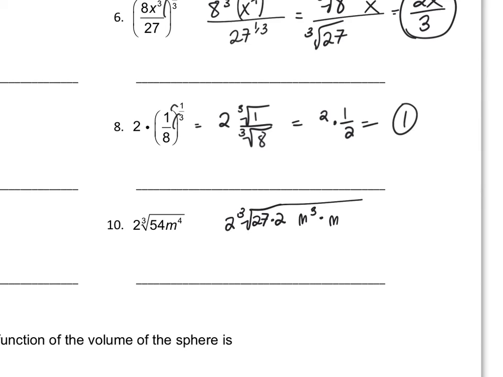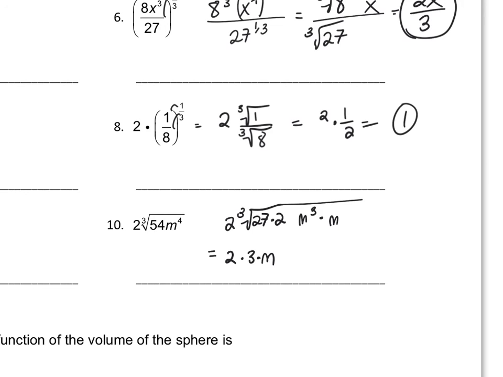Here's a hint. My first step is to write down the numbers inside of my radical as factors where I am showing the factors that are perfect cubes. So for example, 27 is a perfect cube and m to the power of 3 is a perfect cube. What that allows me to do is take the cube root of 27 outside. That would be 3. The cube root of 27 is 3. And the cube root of m to the power of 3 is just m.